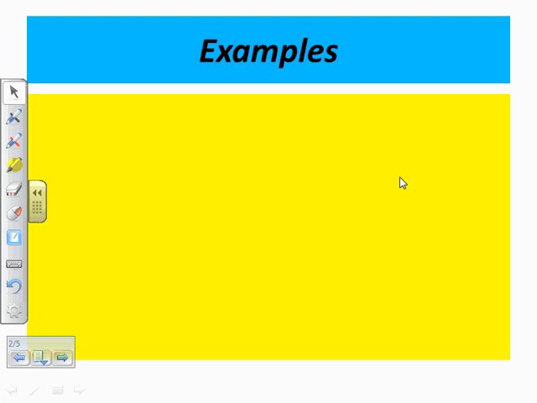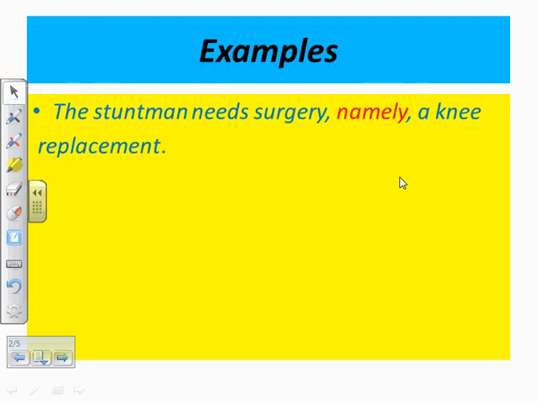Examples of discourse markers. To make it clear for you, the stuntman needs surgery, namely a knee replacement. Namely, in particular, especially. Frankly, the speaker was arrogant.